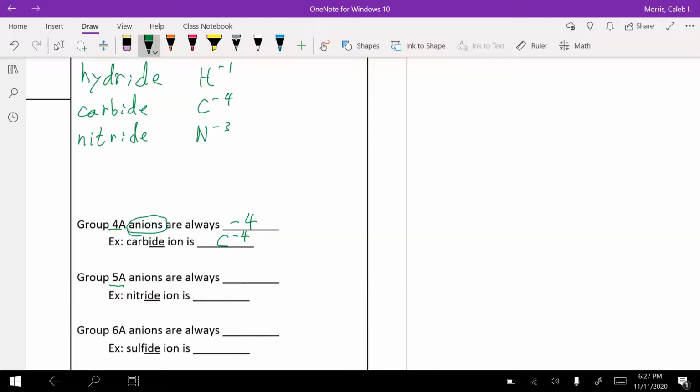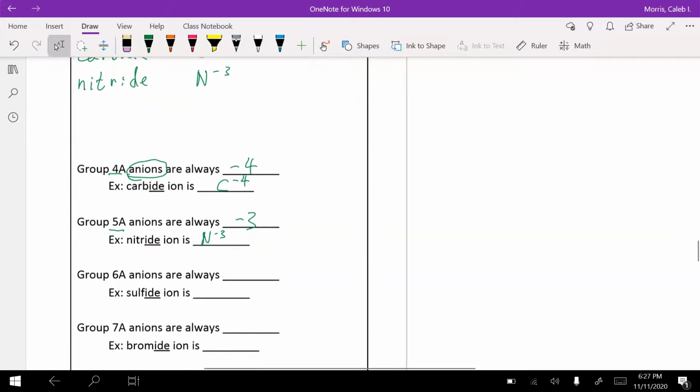And I can explain why later if you want me to. But instead of being -4, this is going to be a -3 charge. Group 5A has a -3 charge, so the nitride ion, for example, is nitrogen with a -3 charge.